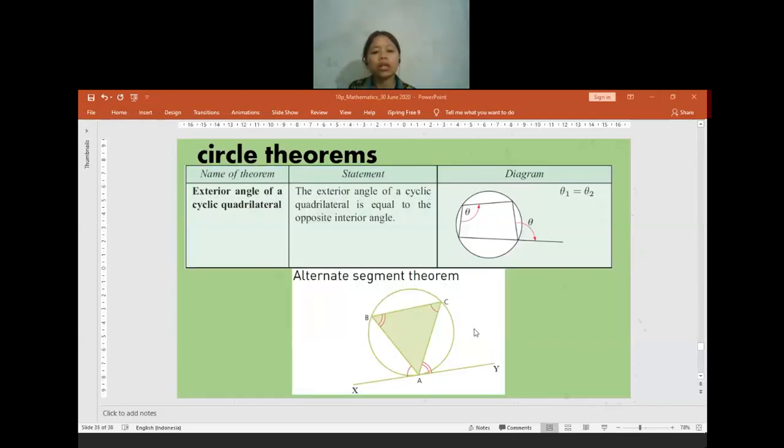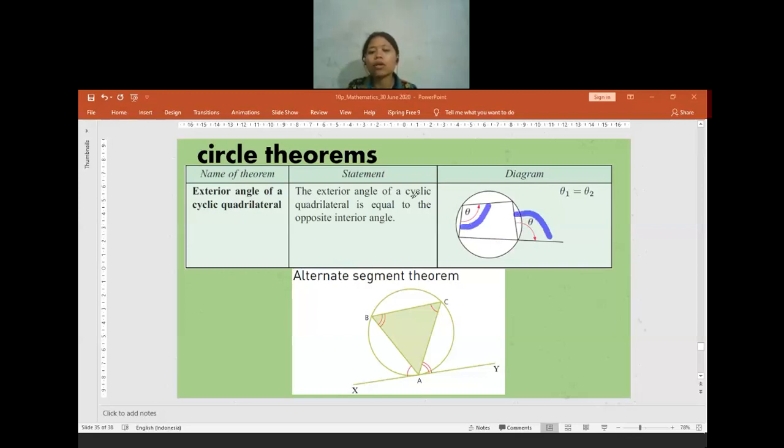This is what we call the alternate segment. What is the alternate segment? It only happens on a circle also. This angle theta and this one, they will be equal.